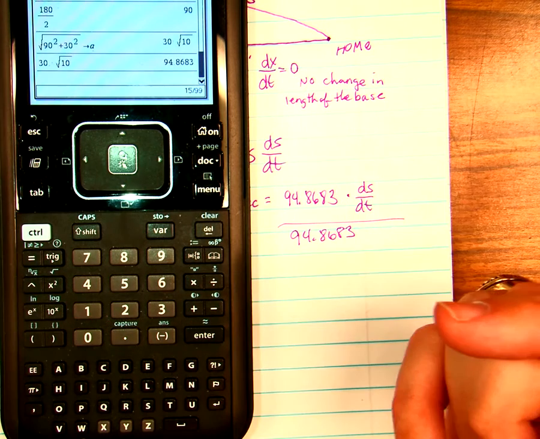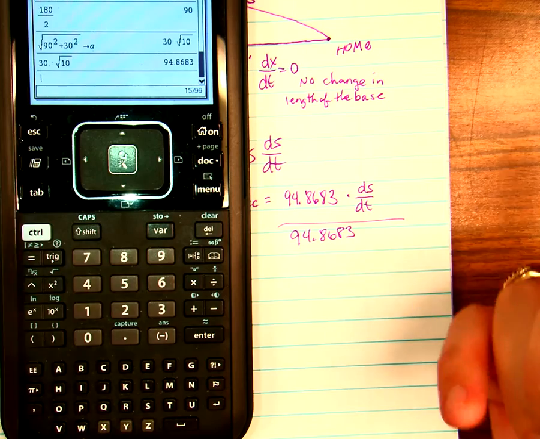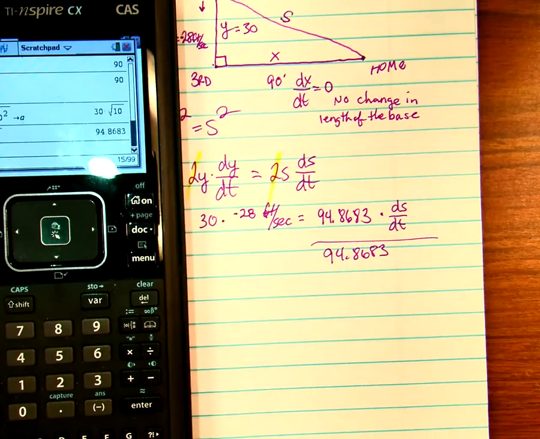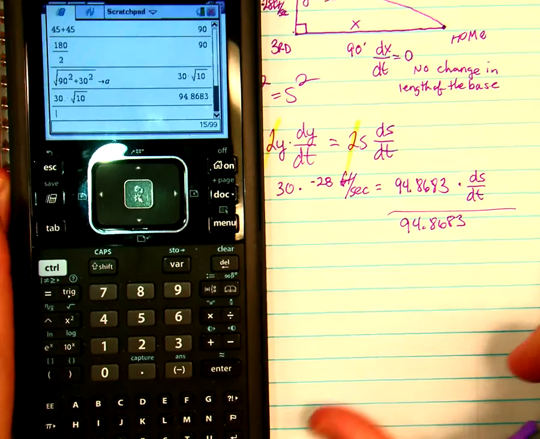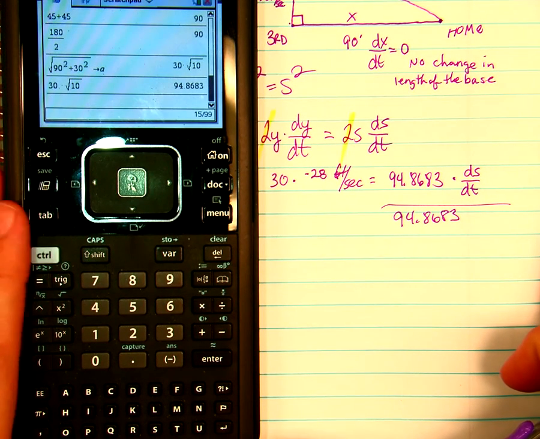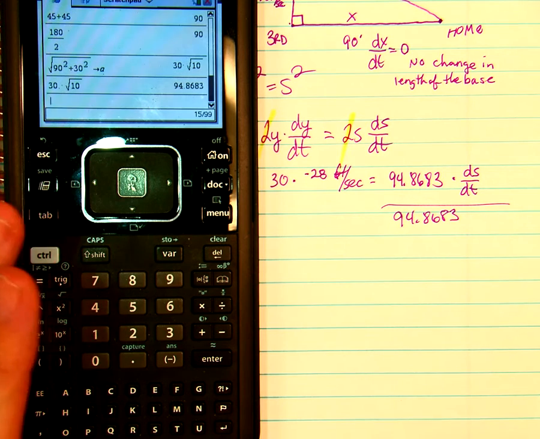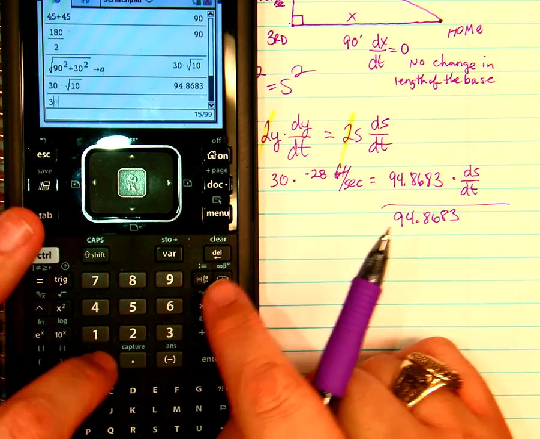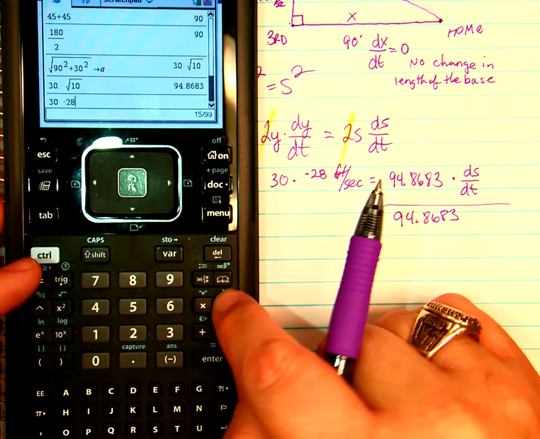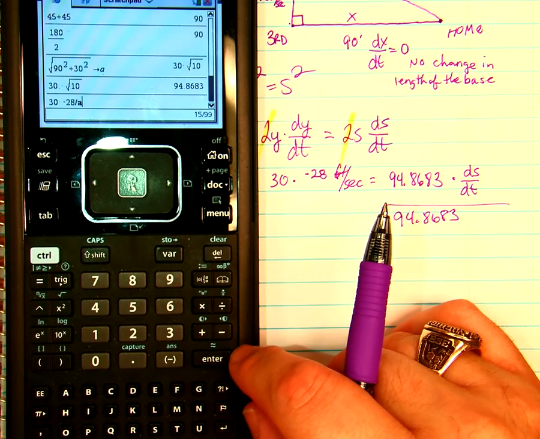So now I always have that in the problem, because now what I can do is hit control variable, and then 2 keys over. Now all I have to do is go 30 times negative 28 divided by A, because A is the actual number of what we're using in this case. Hit enter.